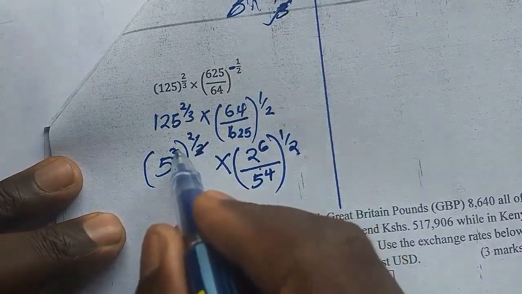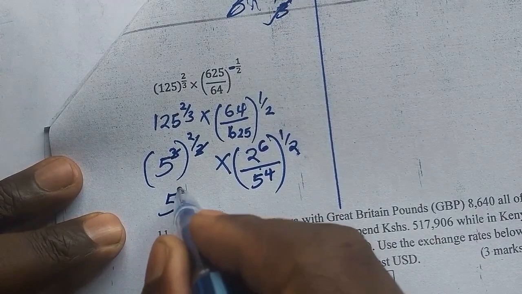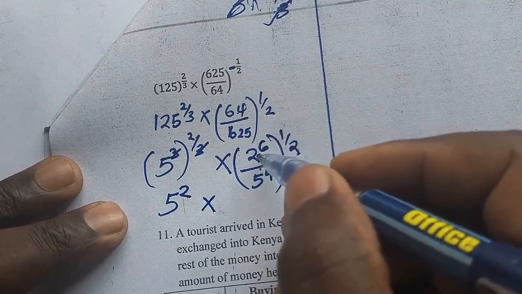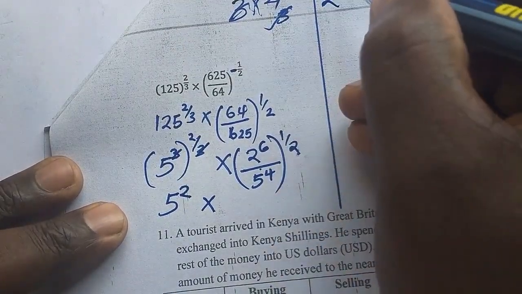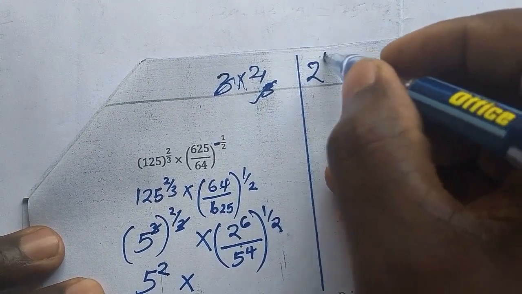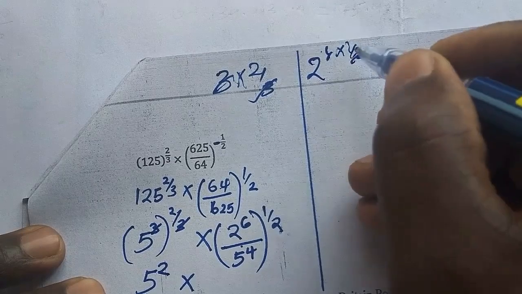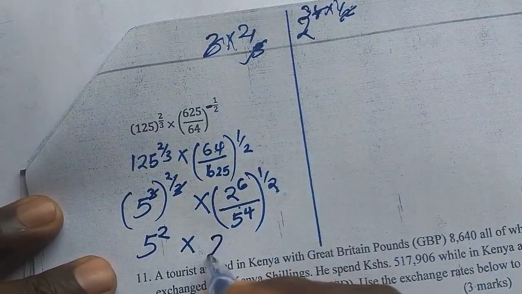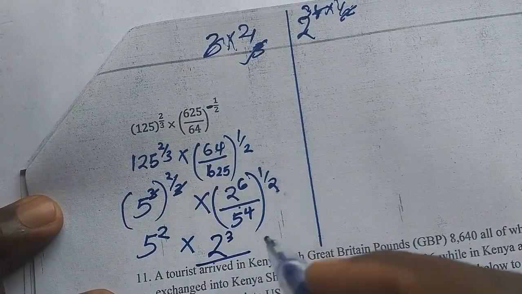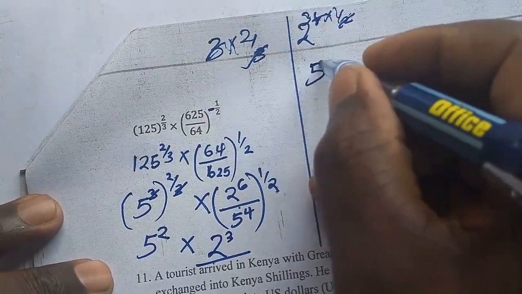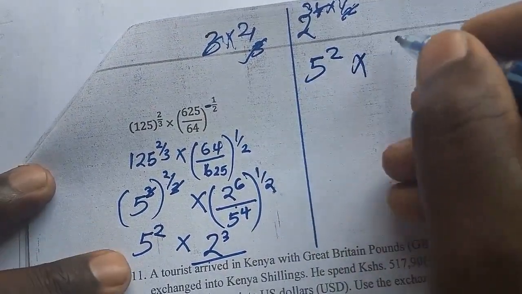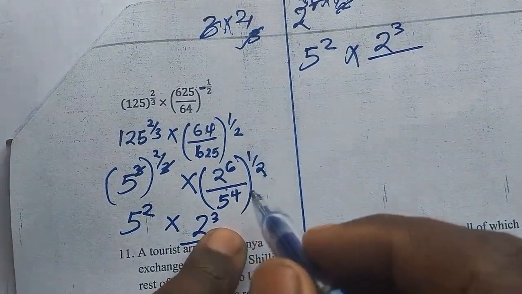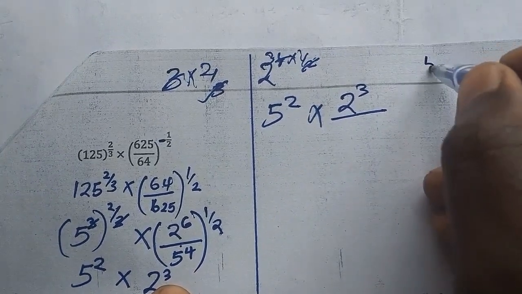We will have 5 squared times, now for the numerator 2 over 6, that is 2 raised to power 6 times 1 over 2 is the same. This one is the same as 2 raised to power 3 because this is 3. So we'll have 2 raised to power 3 divided by 5 raised to power 4 raised to power a half.